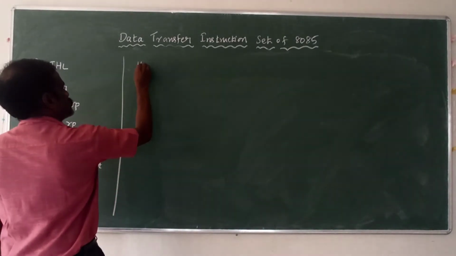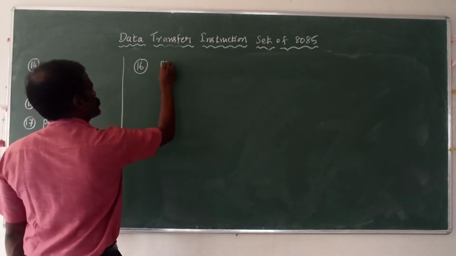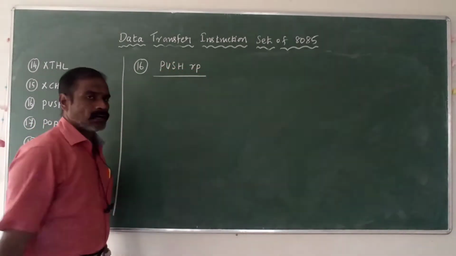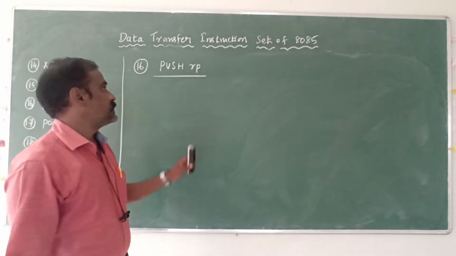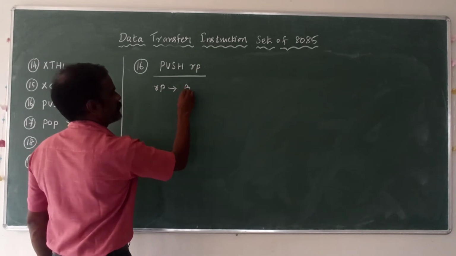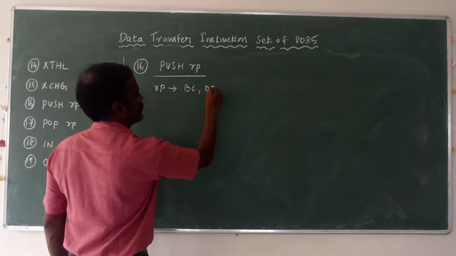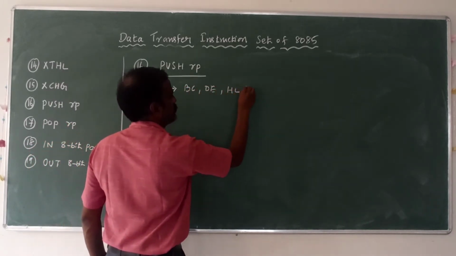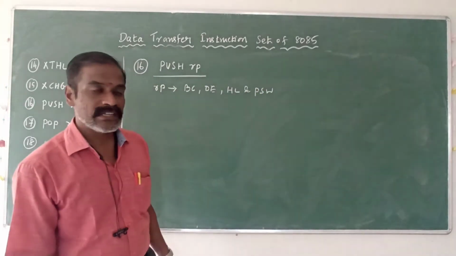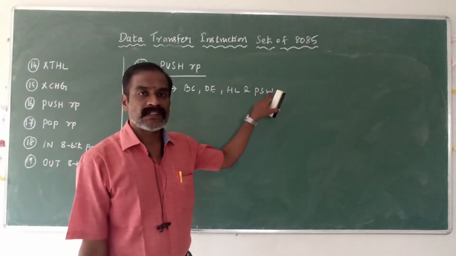Next instruction, PUSH RP. PUSH RP means, here RP means any register pair, either BC, DE, HL or PSW. PSW means program status word.